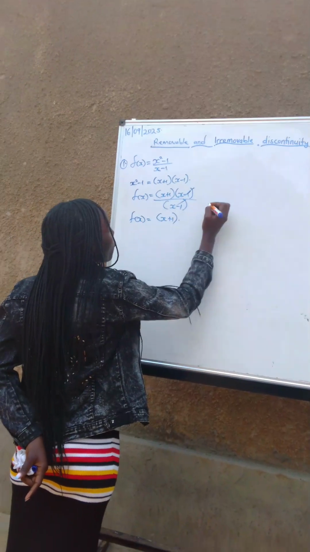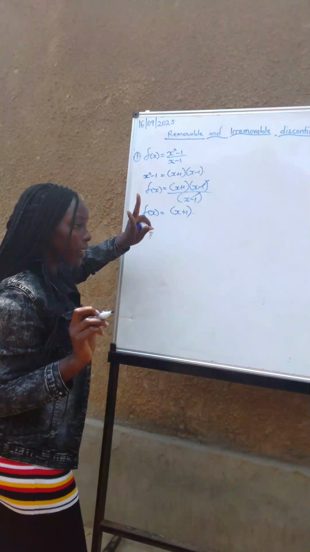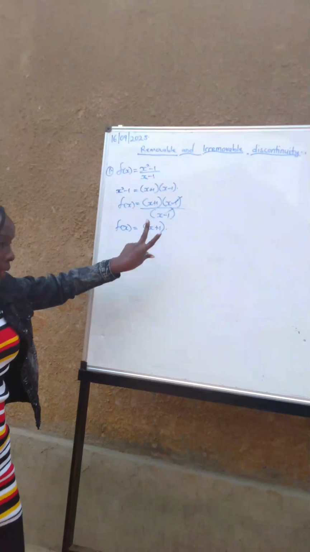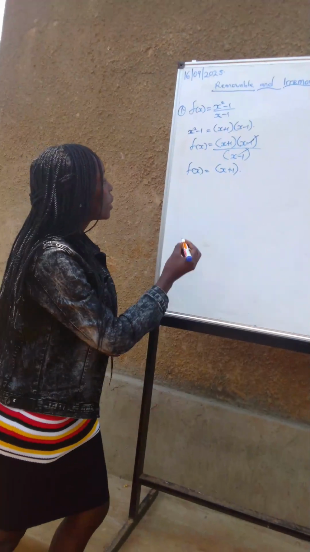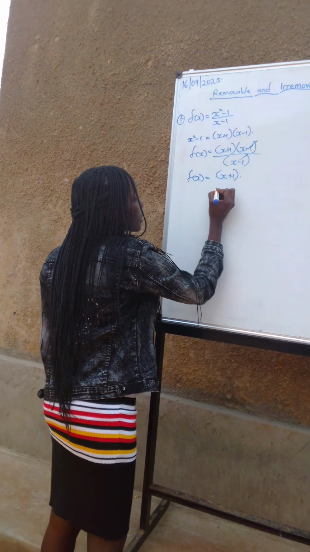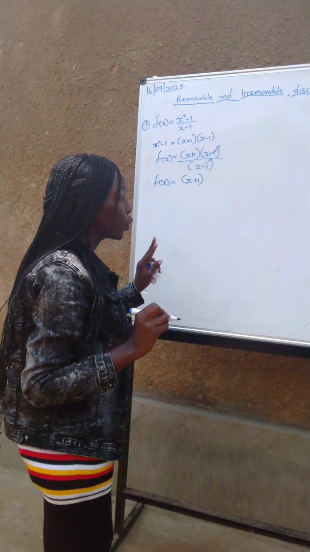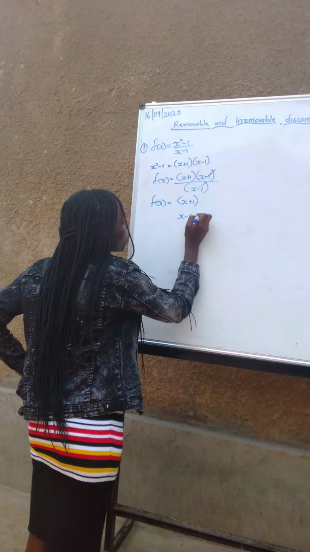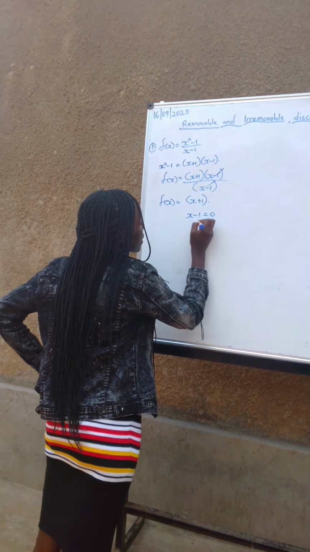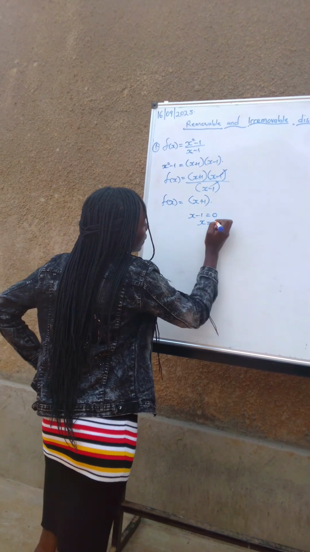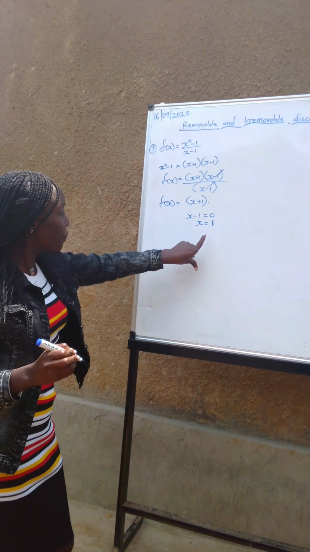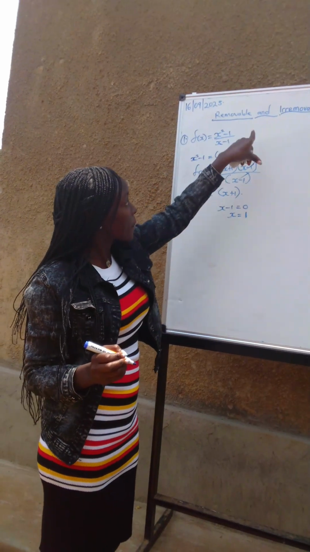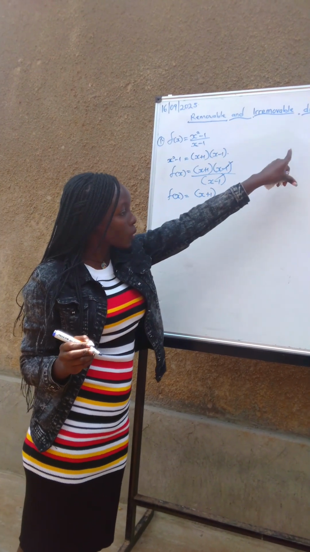But since the removable discontinuity can occur if the denominator is equal to 0, we first find the x value for the function to be undefined. Let our denominator x minus 1 equal 0, and x is equal to 1. That means at x equals 1, this function has a removable discontinuity.